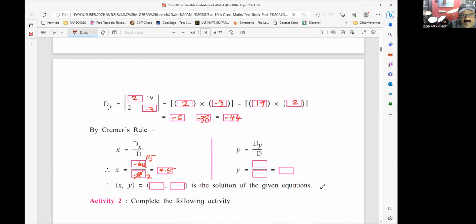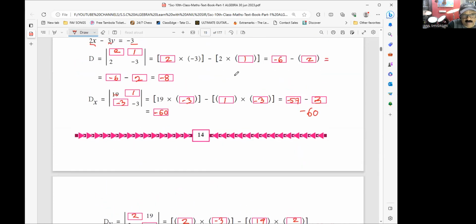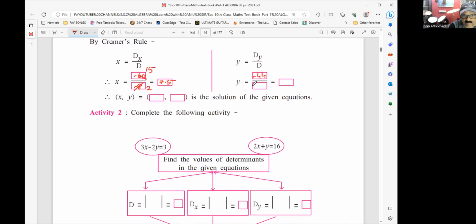Okay. What is y? y will be Dy upon D. Dy is minus 44 and D is minus 8. The minus signs cancel. 2 fours are 8, 2 twenty-twos are 44. So here the answer is 11 upon 2, which is nothing but 5.5.